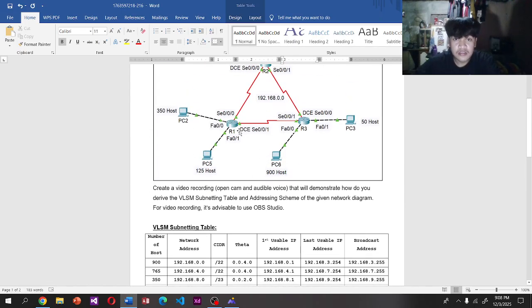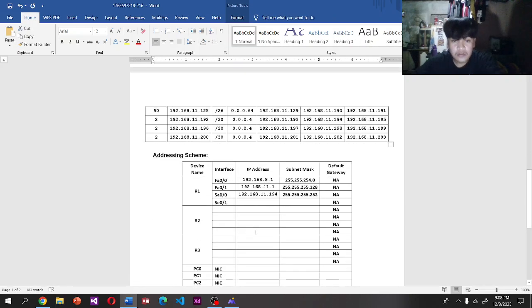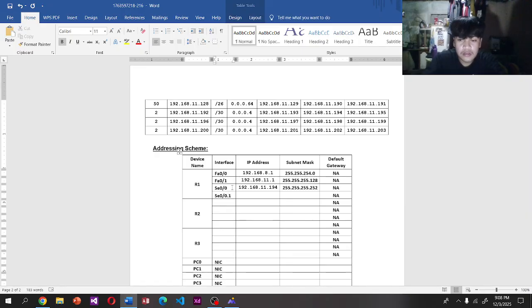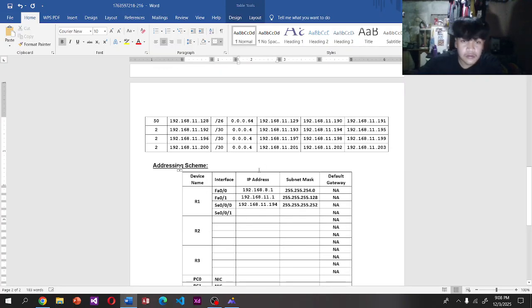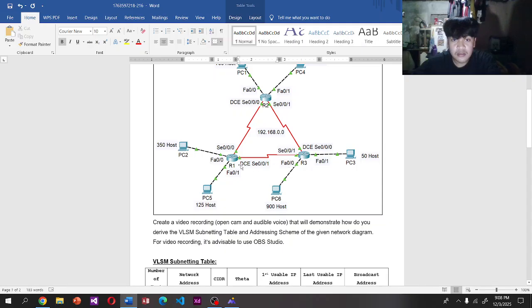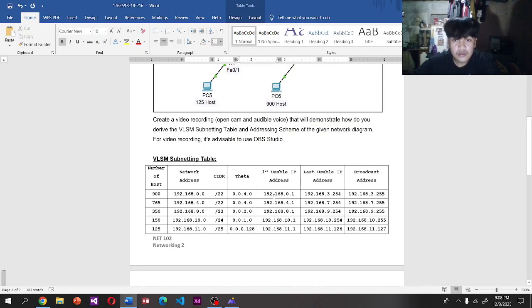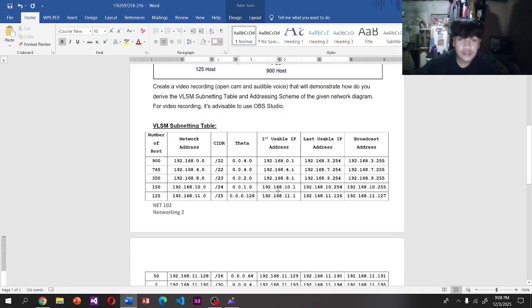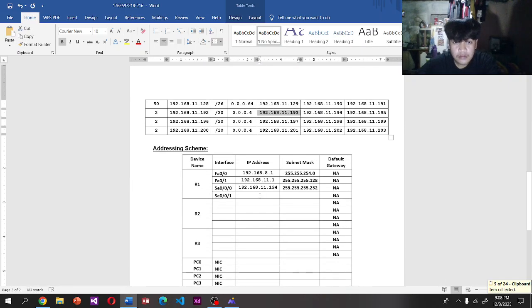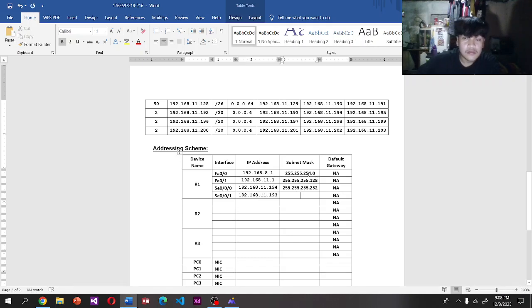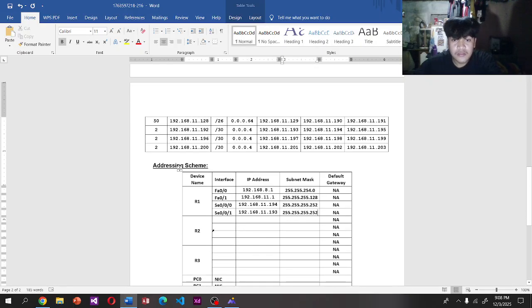Since SE1 has the DCE, we take the first usable IP address of router 1, with CIDR 30 and the same subnet mask. Same process on router 2.